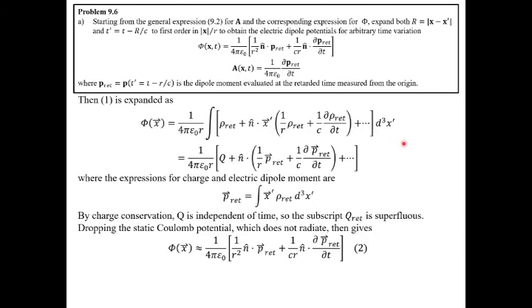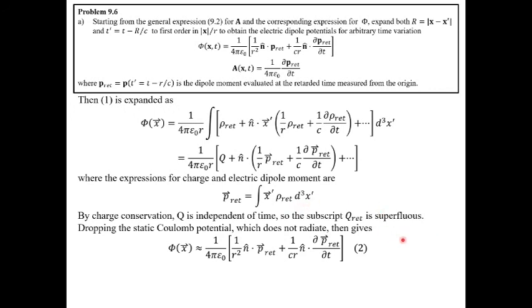Then Formula 1 is expanded as 1 over 4 pi epsilon 0 r times the total charge plus n dot the integral of x prime times rho retarded plus 1 over c partial rho retarded partial t, where the expressions for charge and electric dipole moment are integrals of rho retarded and x prime rho retarded over space.